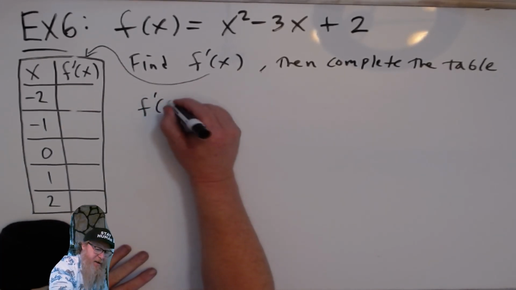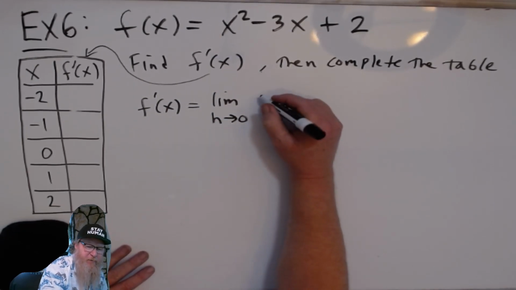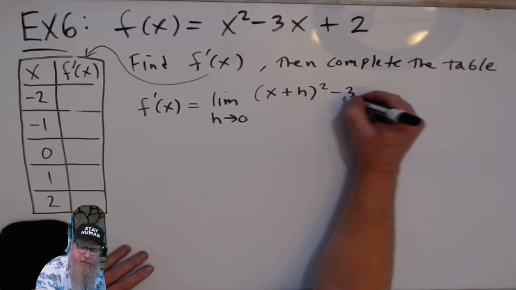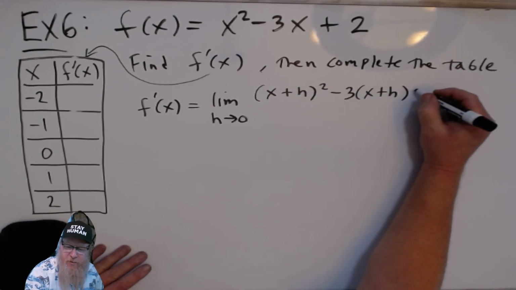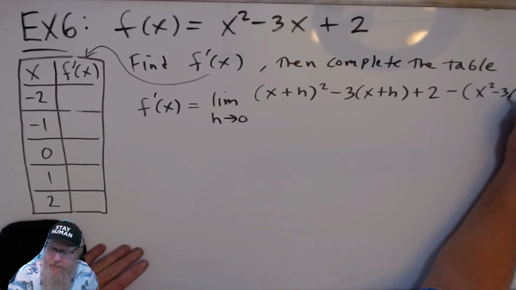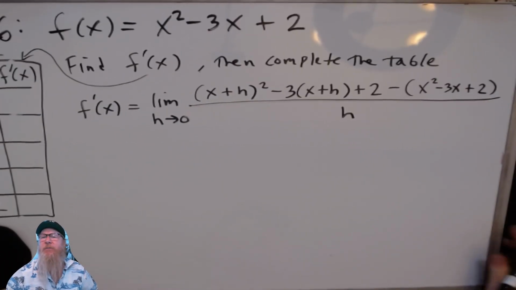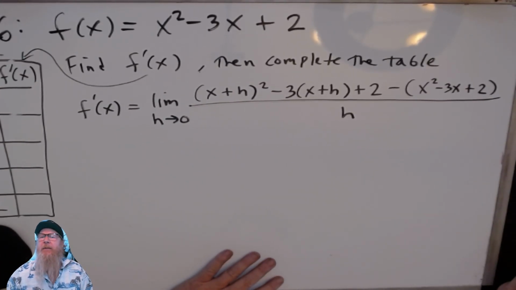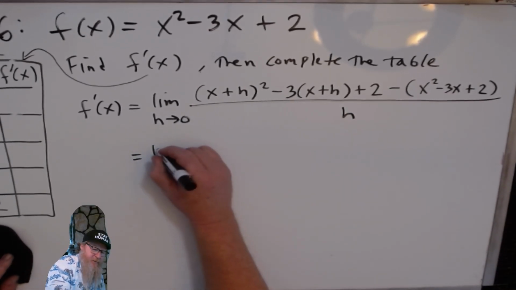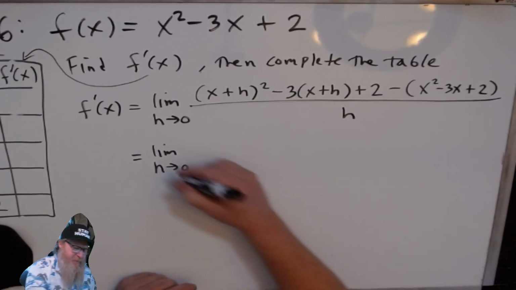So f prime of x is the limit as h goes to 0 of x plus h squared minus 3 times x plus h plus 2 minus x squared minus 3x plus 2, all over h. All right, that's the definition. You might be tempted not to write the word limit as many times as I am.